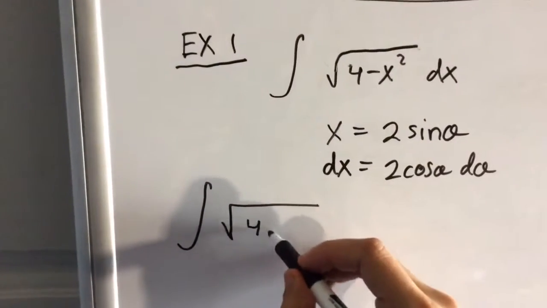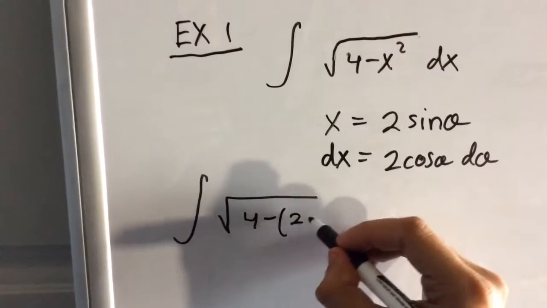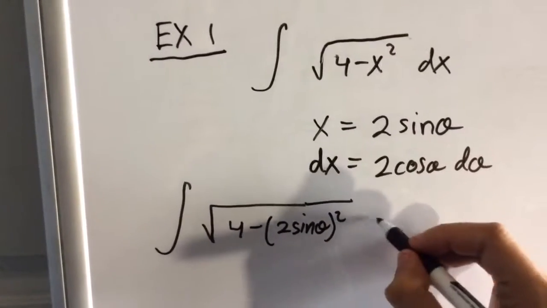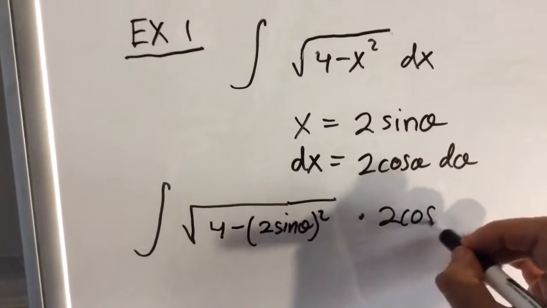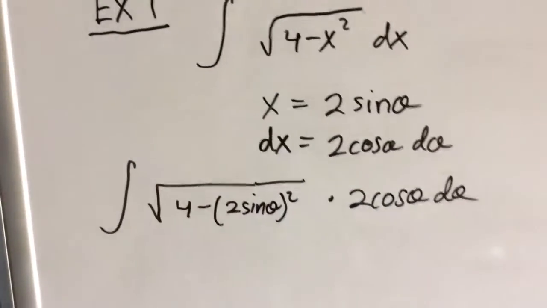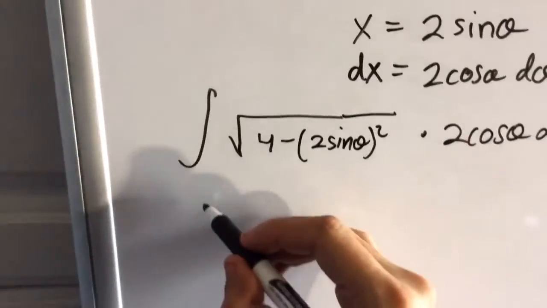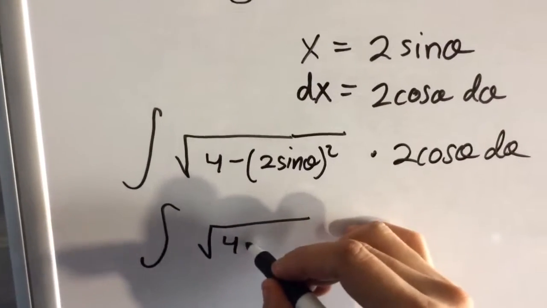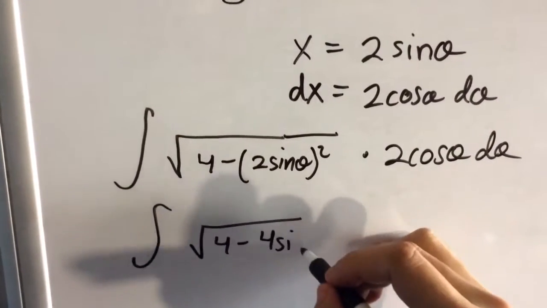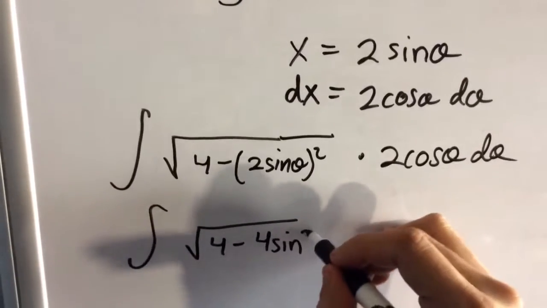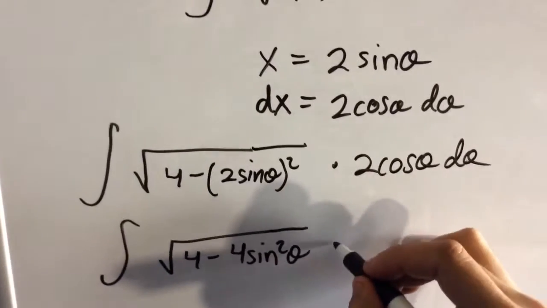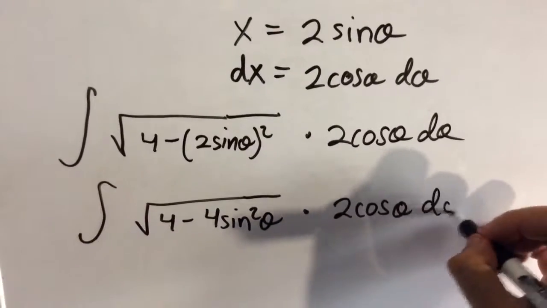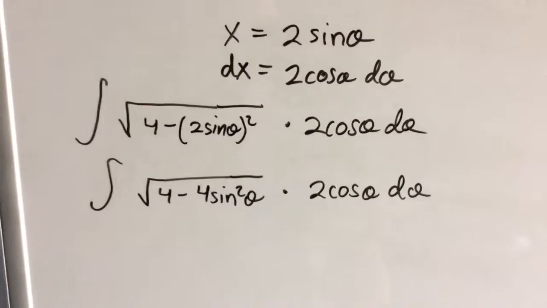So 4 minus x squared becomes 4 minus (2 sine theta) squared, and then 2 cosine theta d theta. We just simplify: 4 minus 4 sine squared theta. Just leave out that dx on the outside.